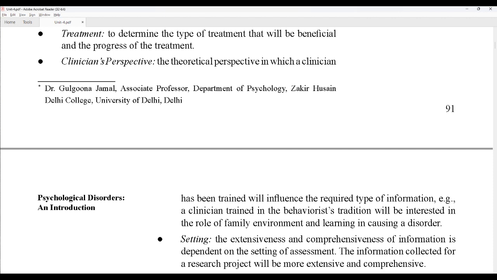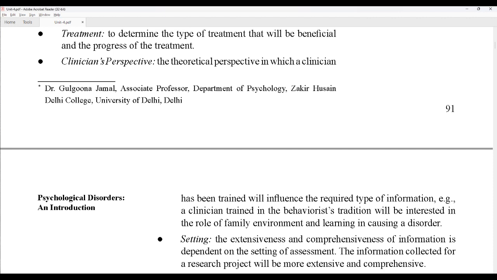Clinician's perspective. The theoretical perspective in which a clinician has been trained will influence the required type of information. For example, a clinician trained in the behaviorist's tradition will be interested in the role of family environment and learning in causing a disorder. Setting. The extensiveness and comprehensiveness of information is dependent on the setting of assessment.